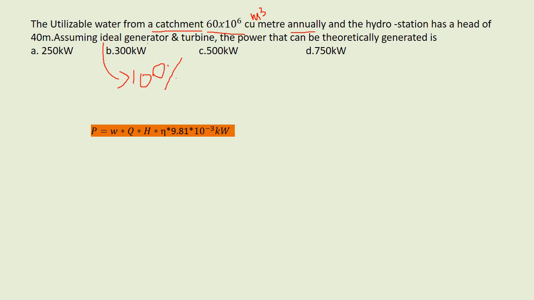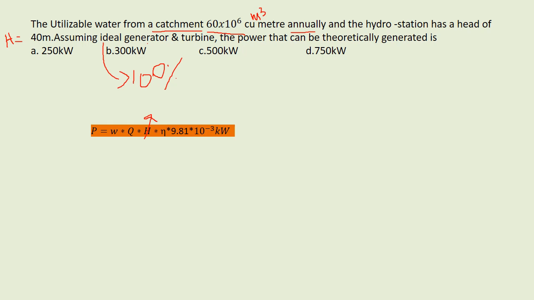The head is directly given as 40 meter, so H is 40 meter. The efficiency is 100%. W is not given, so you should know that W is 1000 kg per meter cube, a constant quantity. Now we just have to put in the values, and first we find Q.